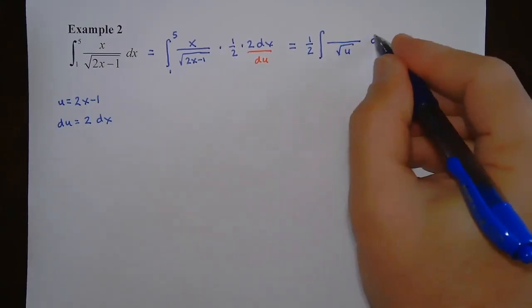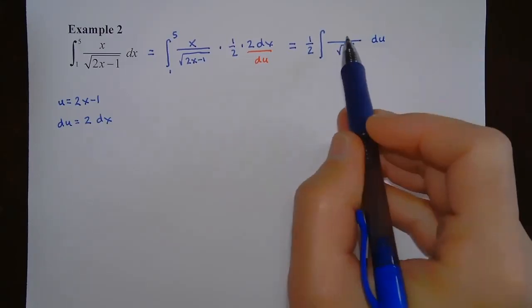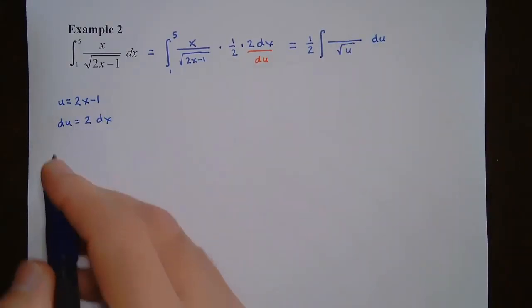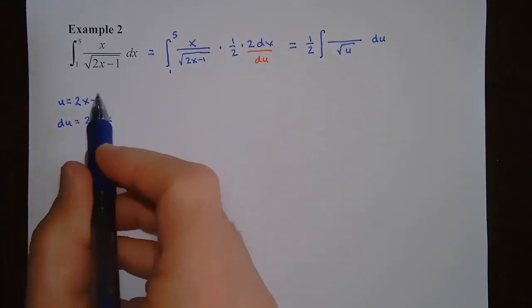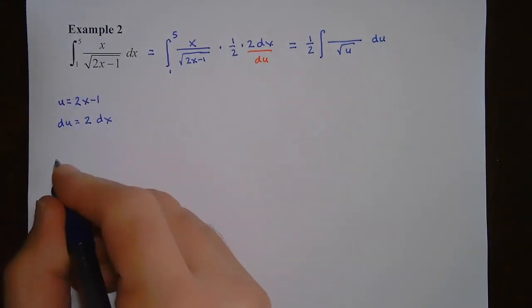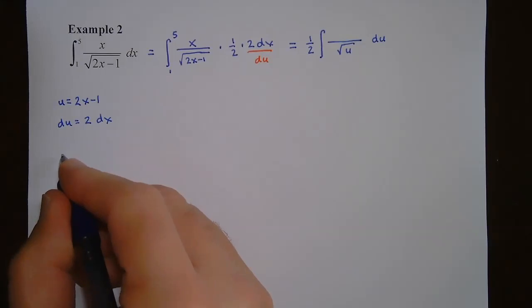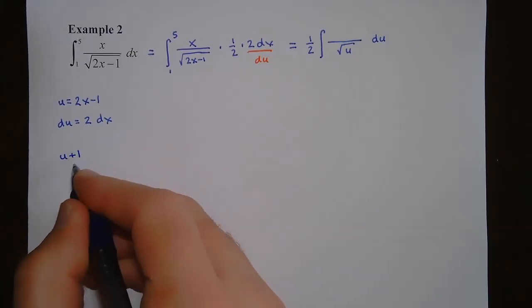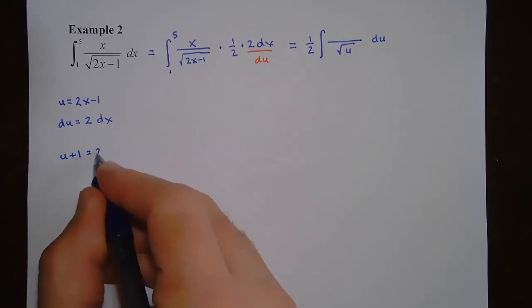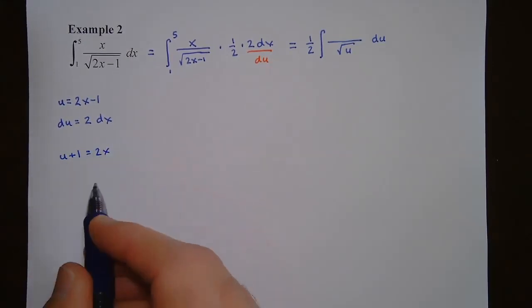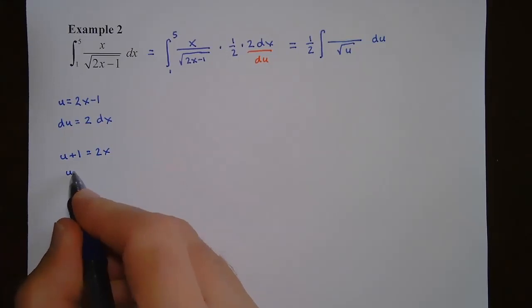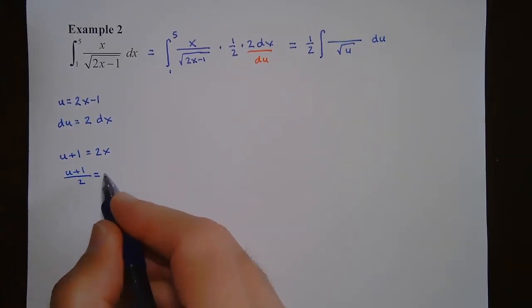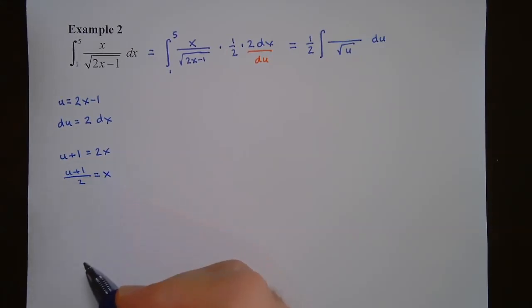So this is du. Okay, so now this top is x, right? But x is going to become, and remember, we solve this for x. So u equals 2x minus 1. Solving for x, we get u plus 1 is equal to 2x. And that'd be u plus 1 all over 2 is equal to x.